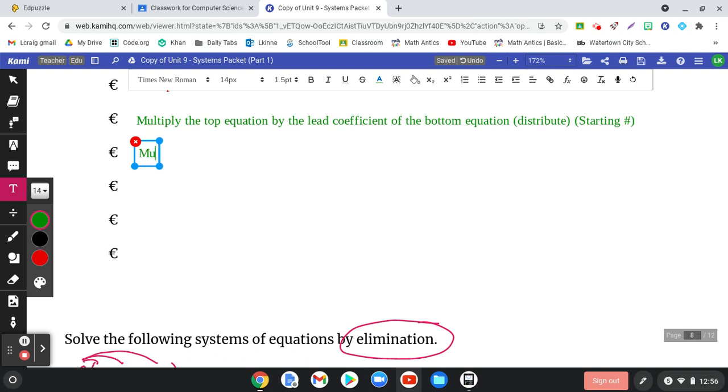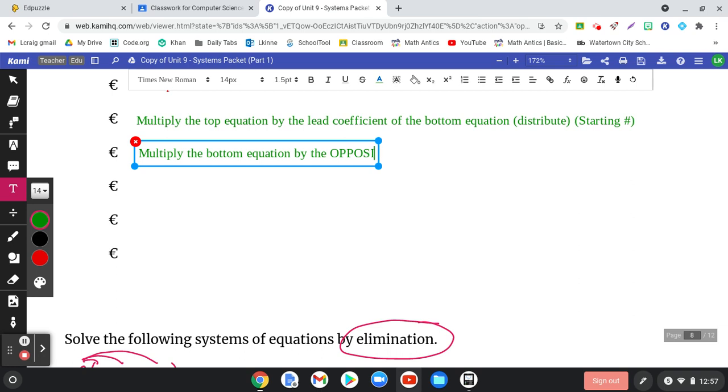We're going to multiply the bottom equation by the opposite of the lead coefficient of the top.